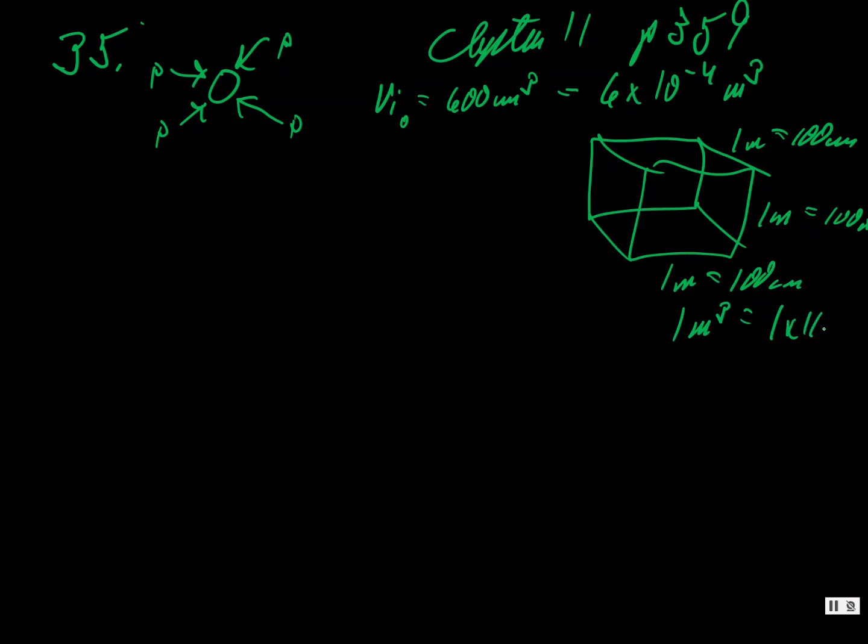So that's 1 times 10 to the 6th centimeters cubed in 1 meter cubed. Then when you take 600 centimeters cubed, the centimeters cubed cancel out, and you've got 600 divided by 1 times 10 to the 6th, and what do you get, folks?